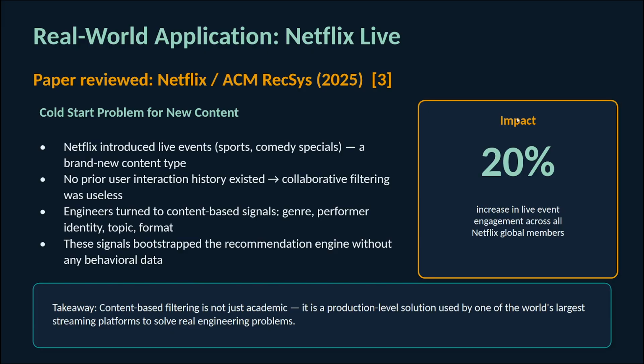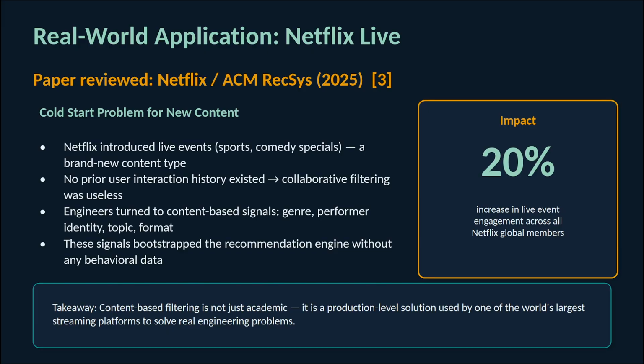And this is probably the most compelling paper I found. A real case study from Netflix presented at ACM RecSys in 2025. When Netflix launched live events, things like sports and comedy specials, they had an issue. No user had ever watched live content on Netflix before, so collaborative filtering had nothing to work with.